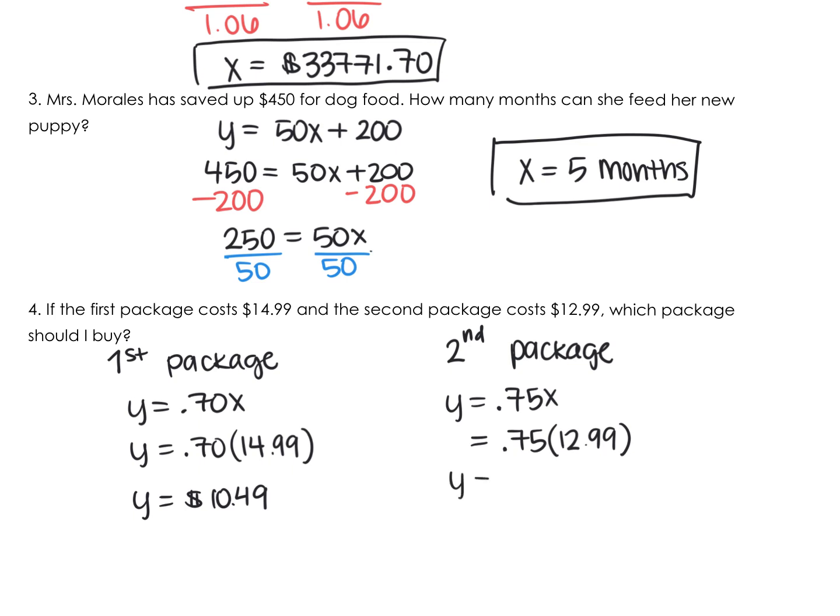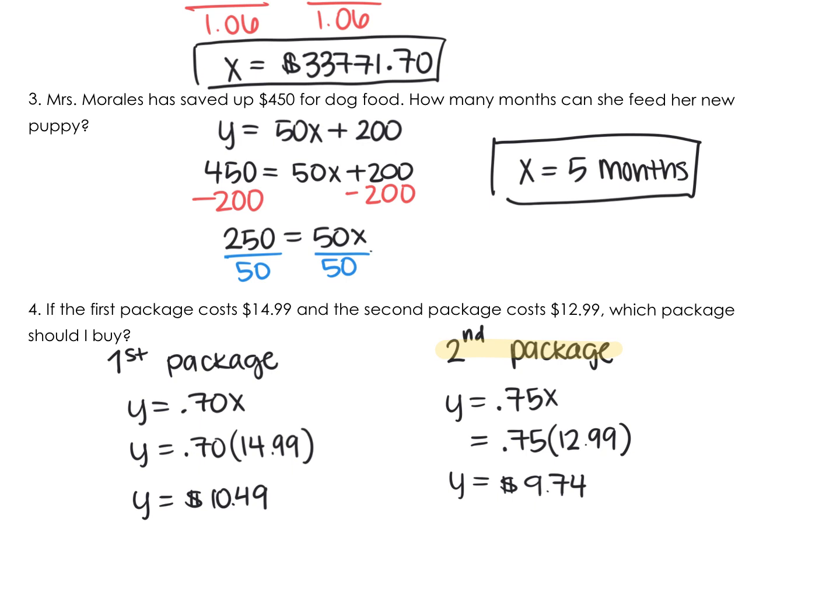And we're going to get y equals $9.74. So obviously, I should purchase the second package of pens. So even though it's not as much on sale, it does give me a better deal than buying the package that was more on sale.